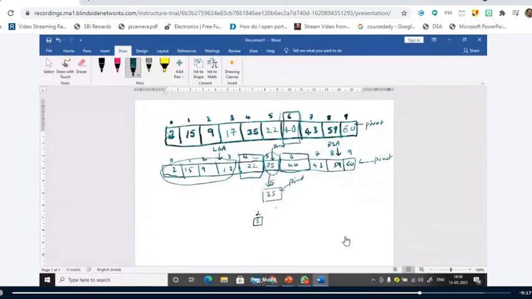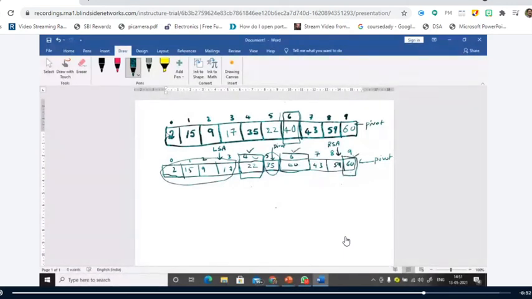Right. Listen carefully. Up to this point, you are clear, right? Yes, sir. Now you have moved 20 to its correct position, 40 to its correct position, and you have moved 60 to its correct position. Right?